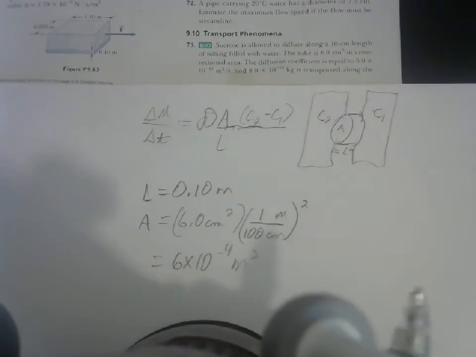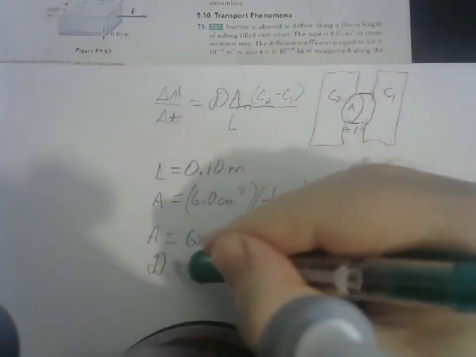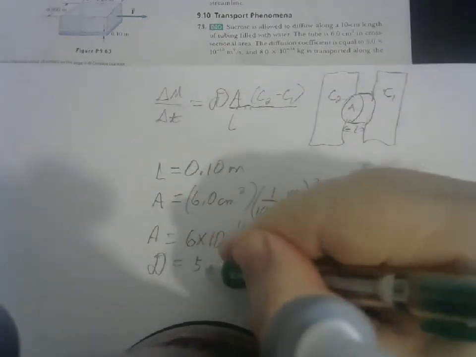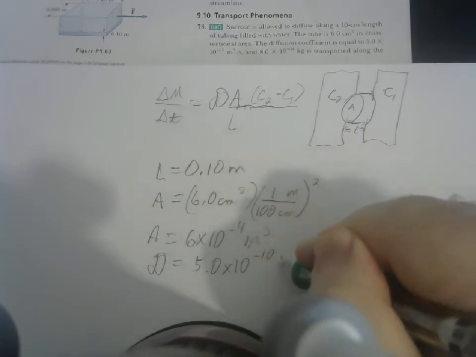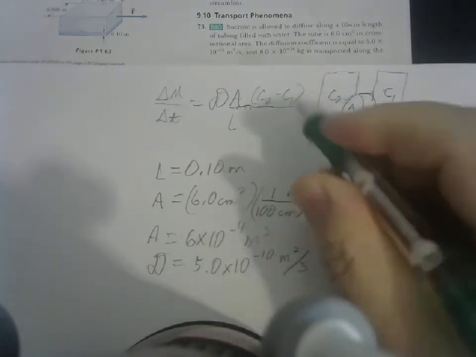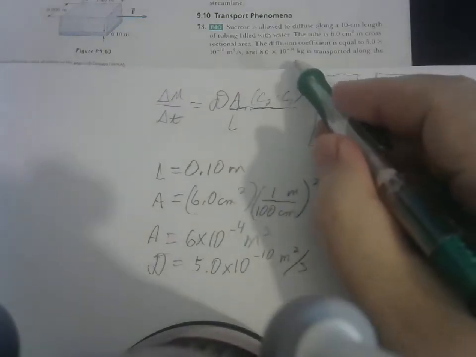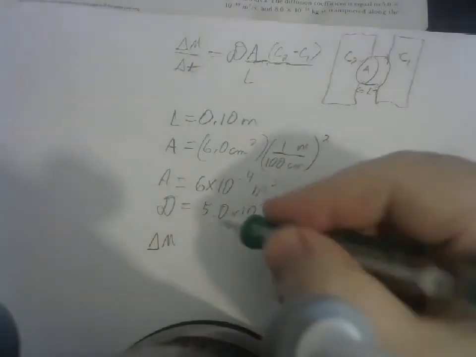They gave us the diffusion coefficient. The diffusion coefficient is 5.0 times 10 to the negative 10th meters squared per second. And it says 8 times 10 to the negative 14th kilograms, so that's probably part of a concentration. Actually, no, that's a mass.